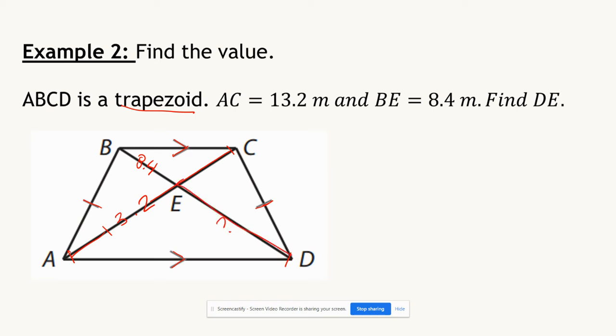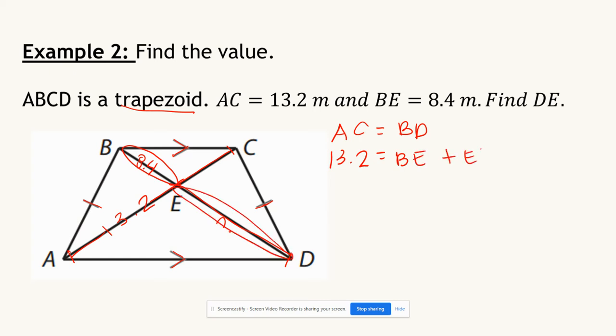With an isosceles trapezoid, I just went over the theorem that the diagonals are congruent. So AC is congruent to BD because those are the diagonals. AC is 13.2, and BD I don't know yet, but I do know that BD is the sum of BE plus ED.